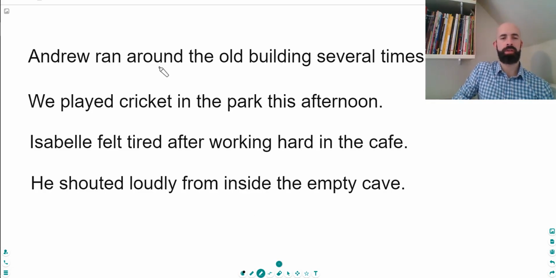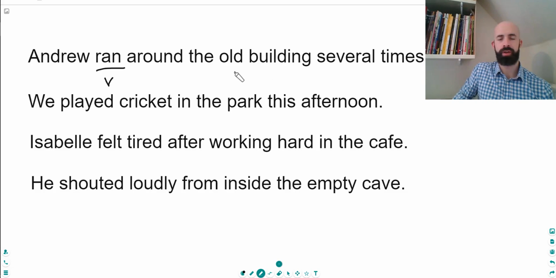Okay, so let's review that exercise then. So this first sentence here, Andrew ran around the old building several times. First off, I can see we've got this verb to run. It's obviously the past tense here, so I'll underline that and put a V under there.